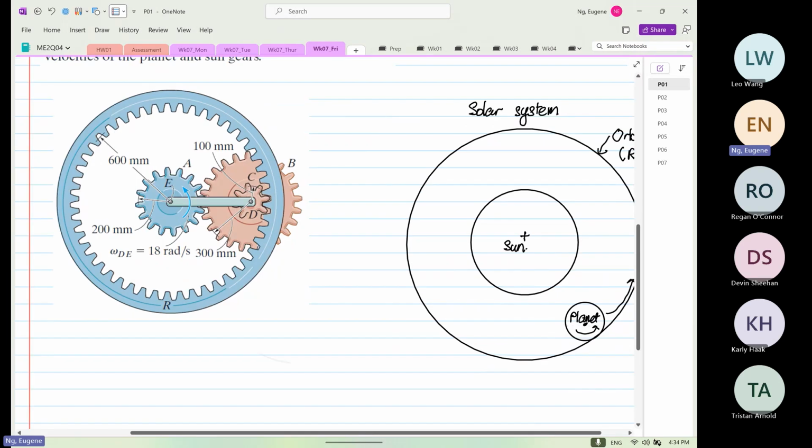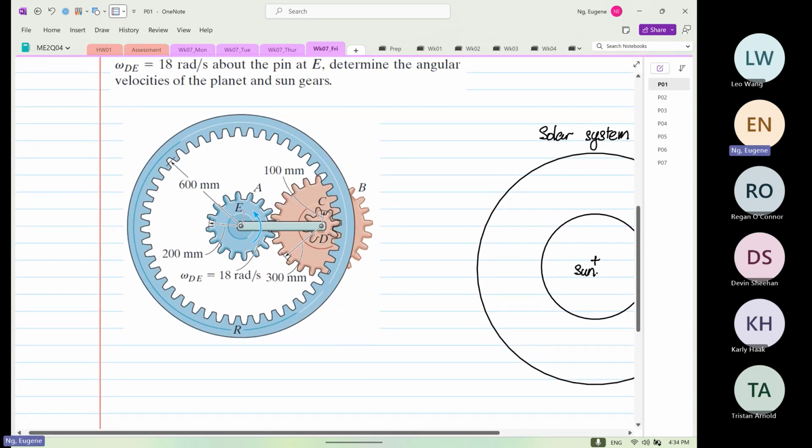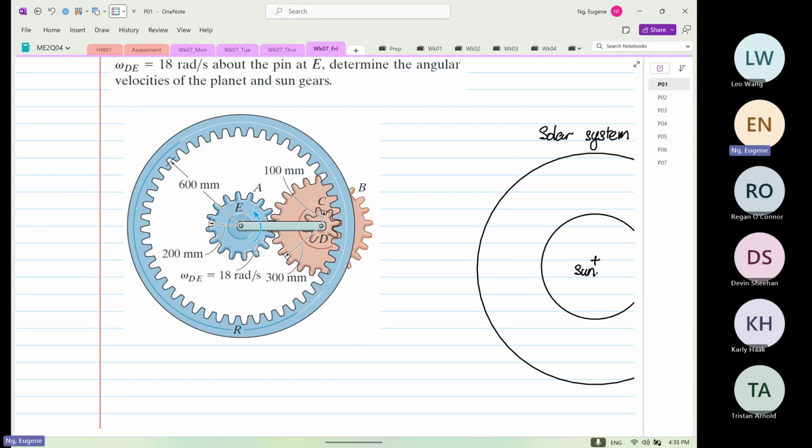So what you see over here, coming back to here, question for you: which gear is the sun? Gear E. So the sun is our gear E. Well done. Which one is our planet?